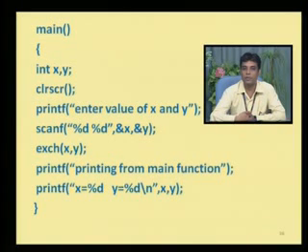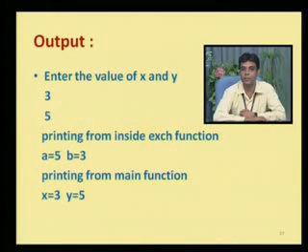Then we print from the main function: the value of x equals %d and y equals %d. If we enter 3 and 5, then printing from inside the exch function, the swapping function, a equals 3 and b equals 5 are swapped, and it prints a equals 5 and b equals 3.